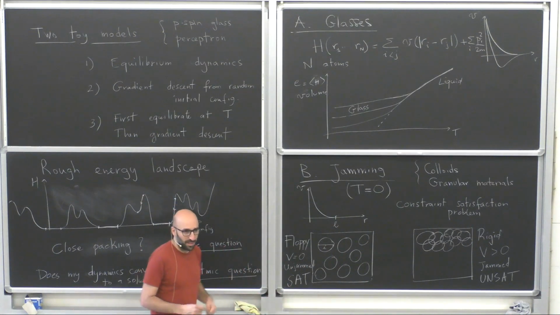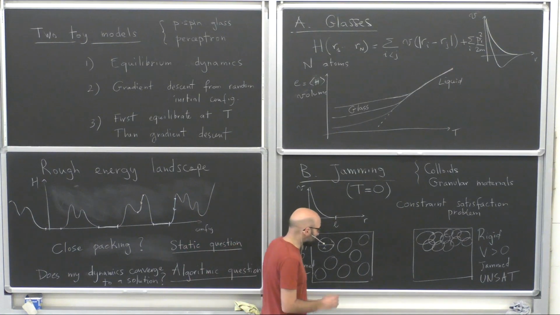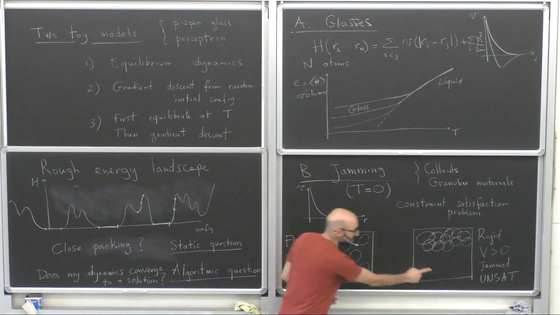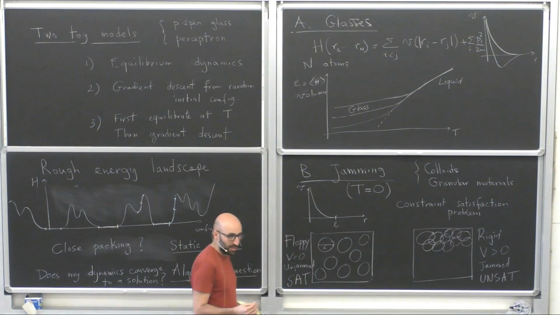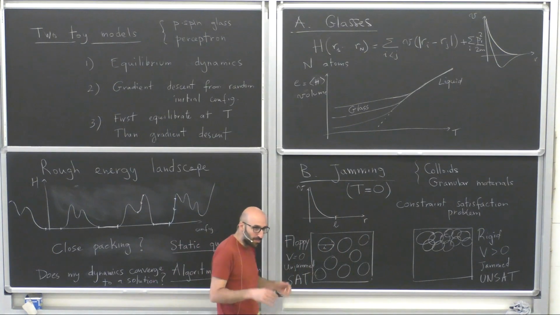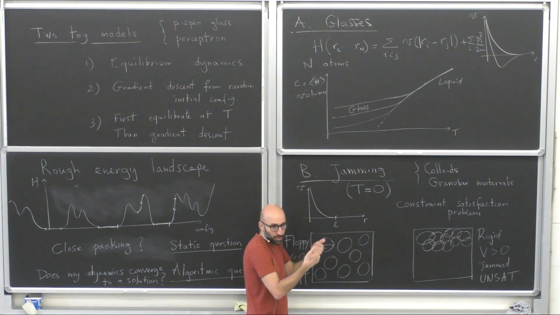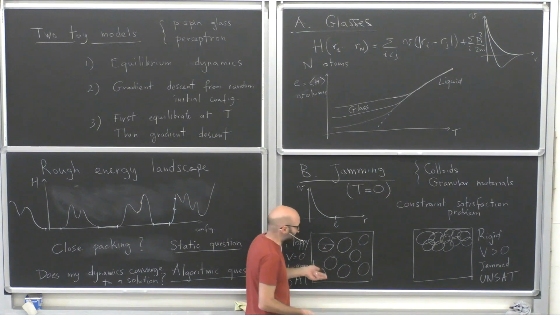So the distinction between SAT and unsat is at zero temperature, because if you put temperature, there will always be a little bit of noise that will induce collisions, so you cannot tell if it's SAT or unsat.